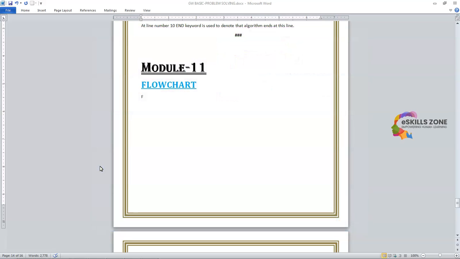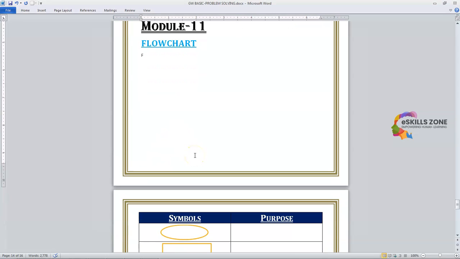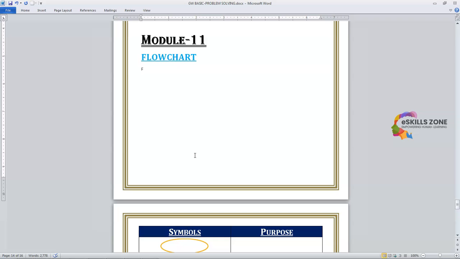Hello and welcome. Hi viewers. Today in this video we will discuss flowchart. Basically, flowchart is a flow of diagrams, flow of symbols which are connected together with the help of flow lines, and it is a graphical representation of an algorithm, or you can call it a pictorial representation of a computer program.